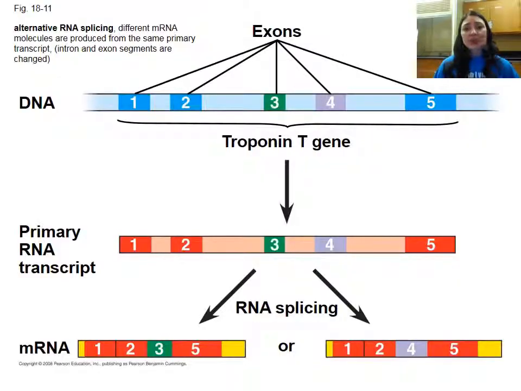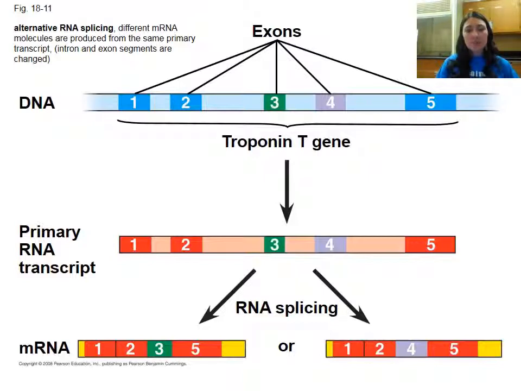In alternative RNA splicing, you can take the same piece of DNA and change which segments of that RNA are considered exons and which are considered introns. By changing that, you change what your gene expression is and what your mRNA sequence is going to be, which will eventually, through translation, change what your protein product is.